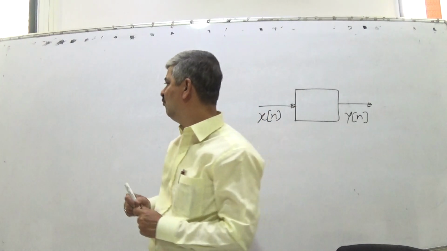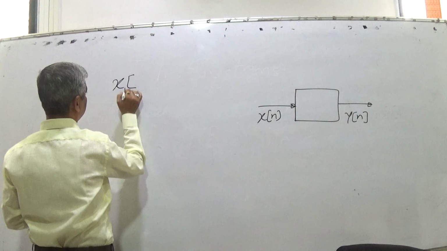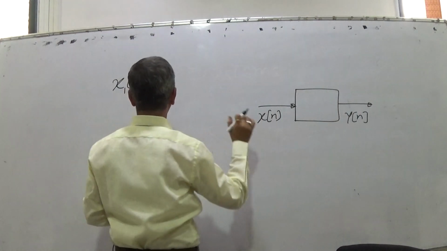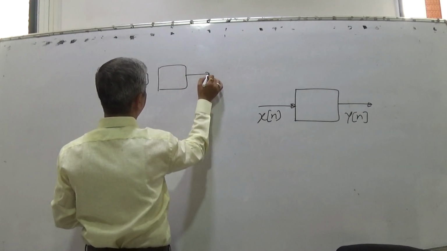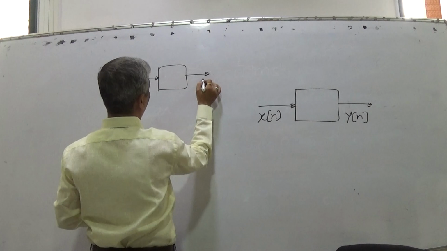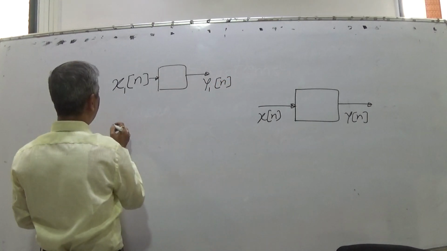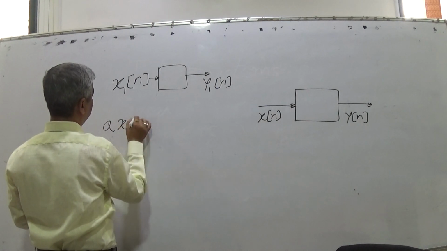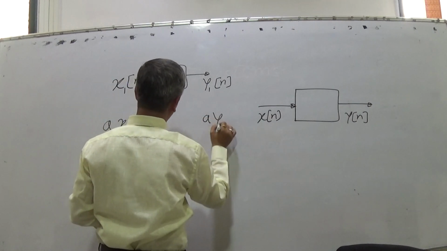So if I have one sequence x1[n], I have a system. If I apply x1[n] and pass it to the system, I obtain y1[n]. If I multiply the input by a, that is a·x1[n], I should get a·y1[n].